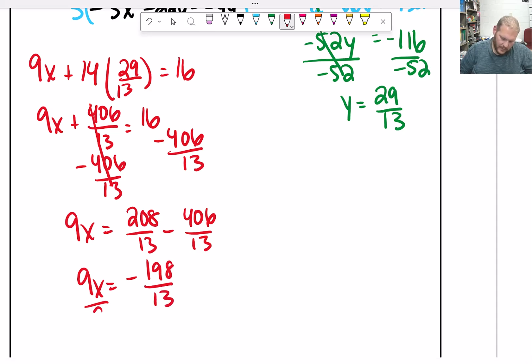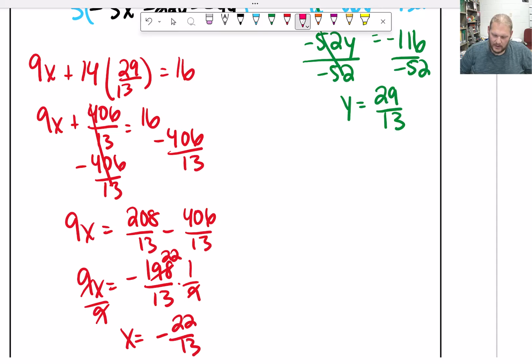And when you divide by 9 on both sides, which is the same thing as multiplying by 1/9, that reduces that 198 to a negative 22. So this is a 22 up here. So we end up with x being negative 22 thirteenths.